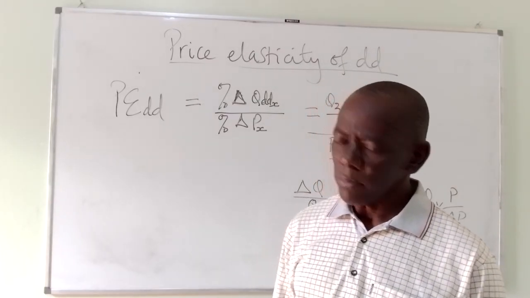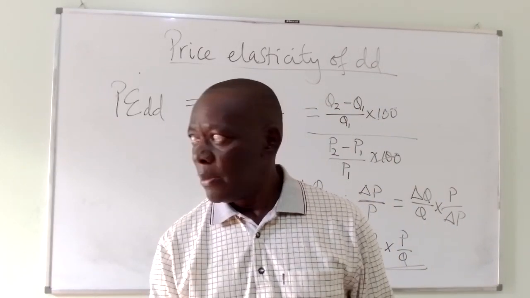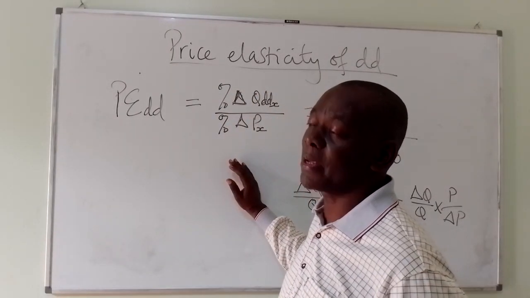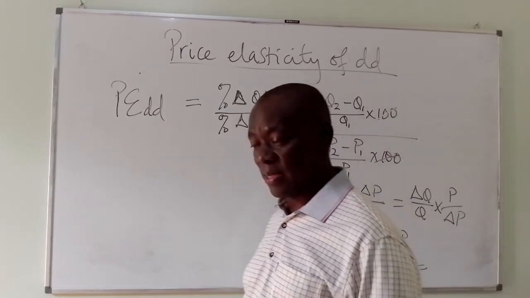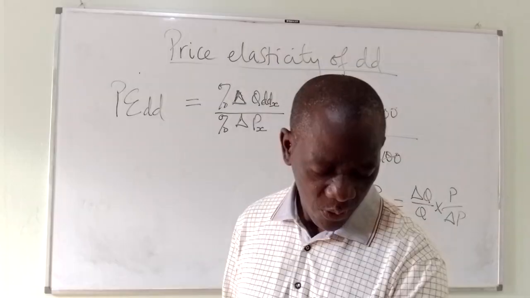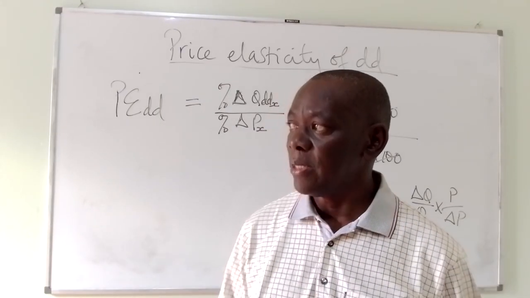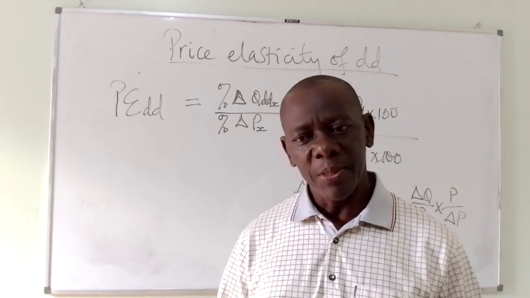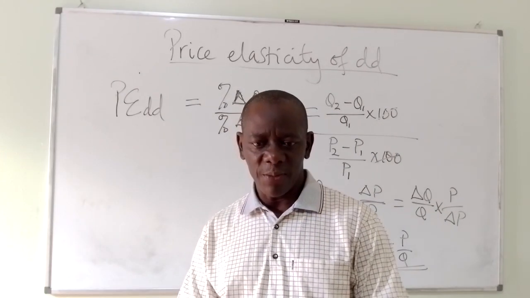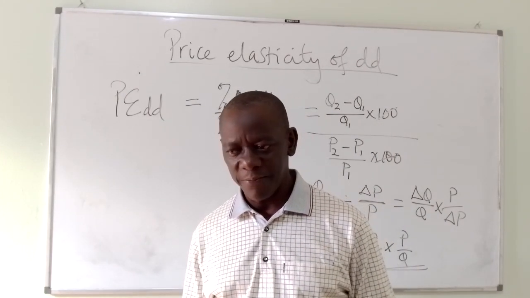So this is the formula for calculating the price elasticity of demand. That is the formula which we are supposed to use when you calculate the price elasticity of demand. It has to be noted that this change is not supposed to be shown in negative.